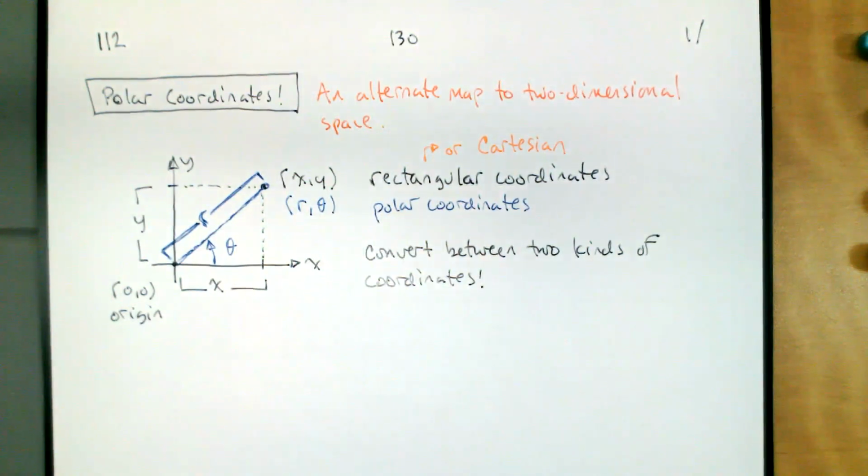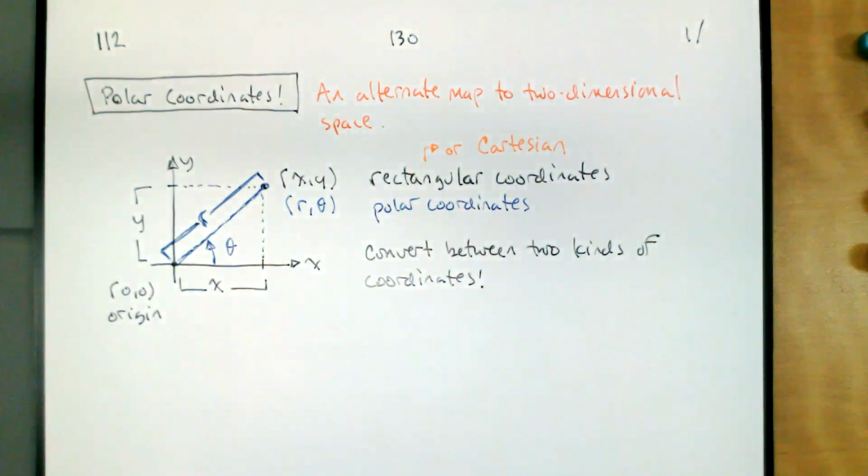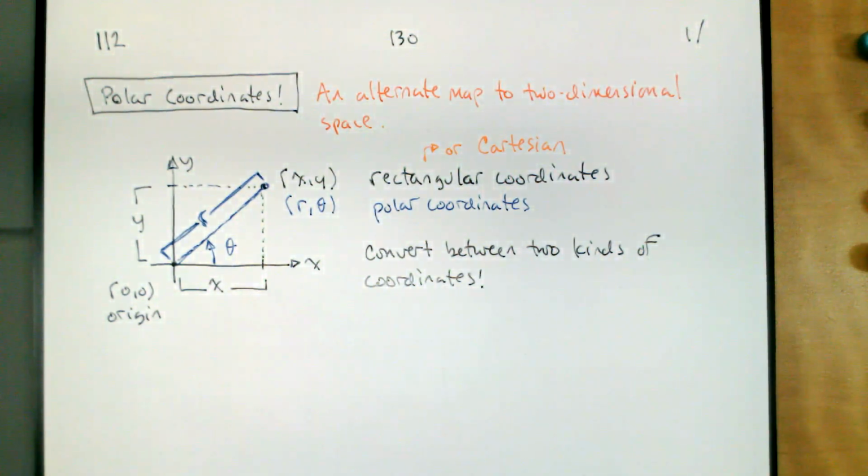Now, we're still describing the same two-dimensional space. We're just putting a different set of graph paper on it. Instead of a grid, we're going to put a bunch of circles.